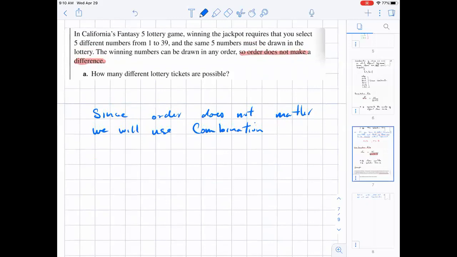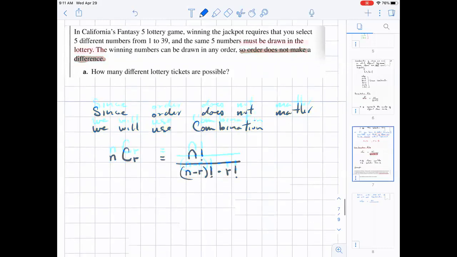So we're going to use nCr, which we know is n factorial divided by n minus r factorial times r factorial.